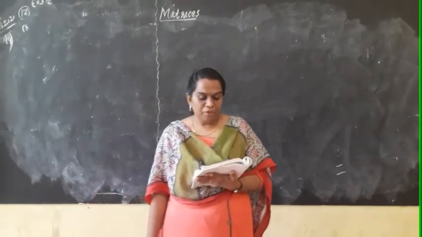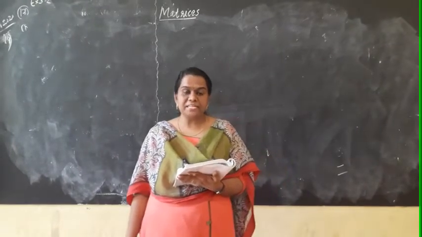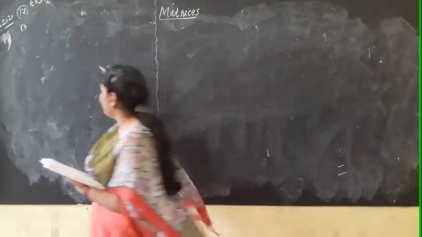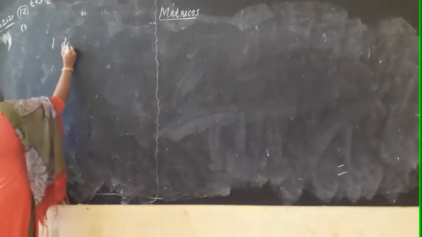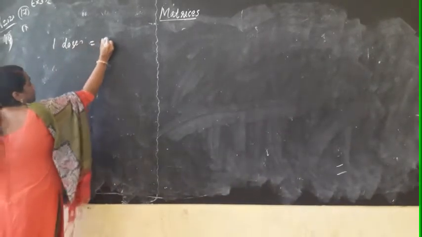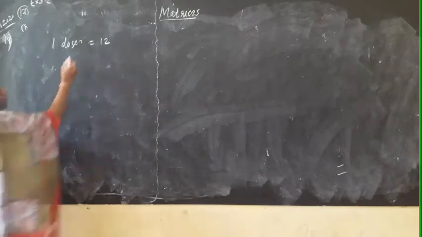A bookshop of a particular school has 10 dozen chemistry books. One dozen means what? One dozen means 12 numbers.